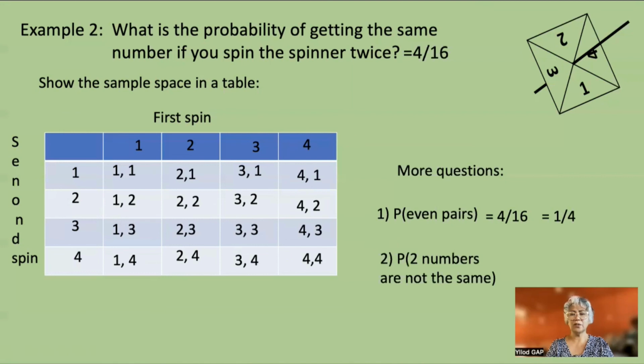Another question, the probability of getting two numbers that are not the same. So we have are not the same would be 1, 2, 3, 4, 5, 6, 7, 8, 9, 10, 11, 12. So that is 12 over 16, or 3 over 4.